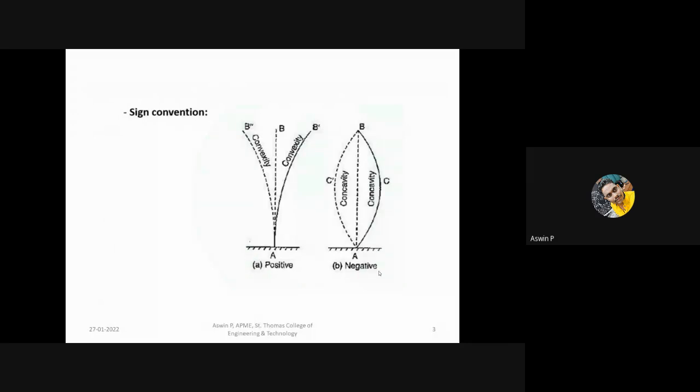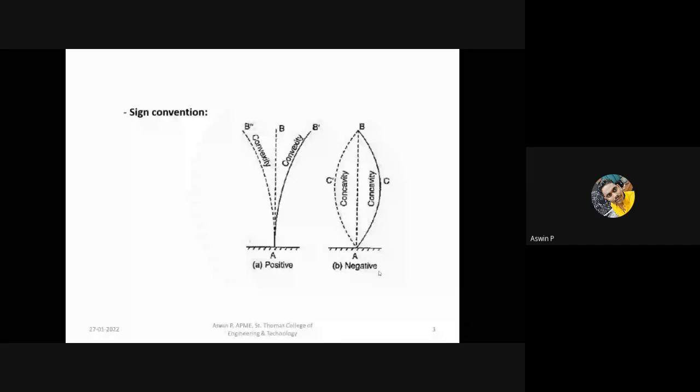The derivation of Euler's equation is a very simple one. When you are studying that, please note down each and every point. That will help you to score high marks. Compared with other derivations like Macaulay's, it's a very simple derivation.